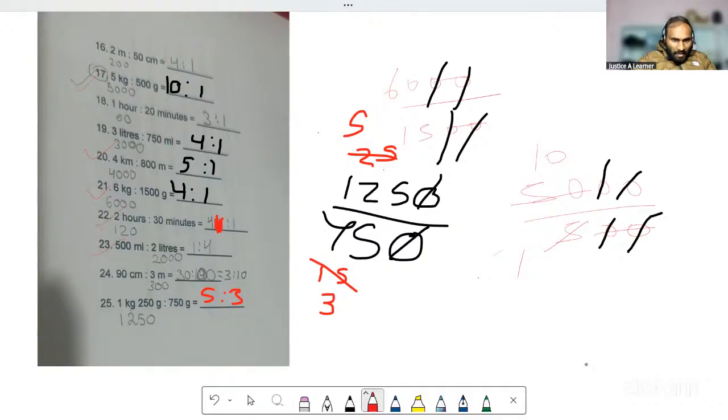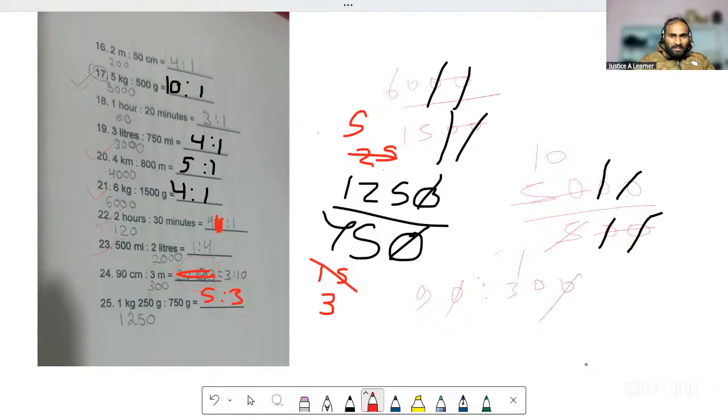And what have you written here? 24. What is this? This is 30 and 100. This 30 ratio 100, no, right? This is 3 and 10, 3 and 10 this side. Okay. So this was 90 and this was 300 meter. Okay, 10 cancelled.